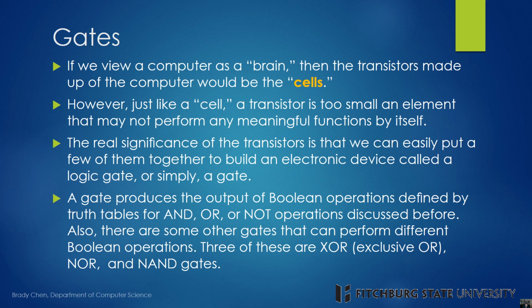Okay, so the real significance of transistors is that we can easily put a few of them together to build an electronic device. We call these electronic devices logic gates, or sometimes we simply call them a gate. A gate produces the output of Boolean operations defined by the truth tables for AND, OR, and NOT.